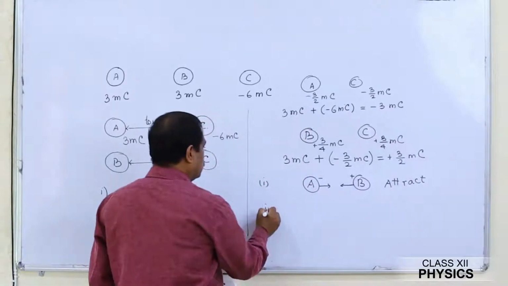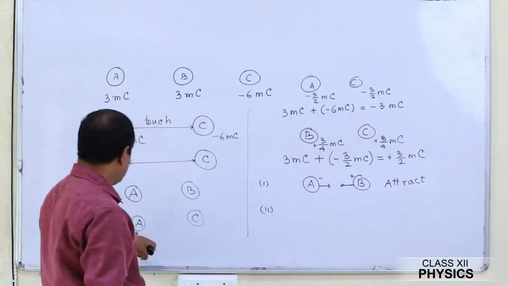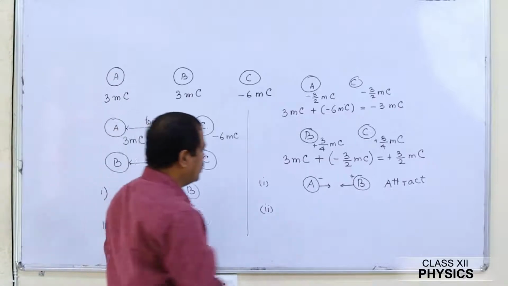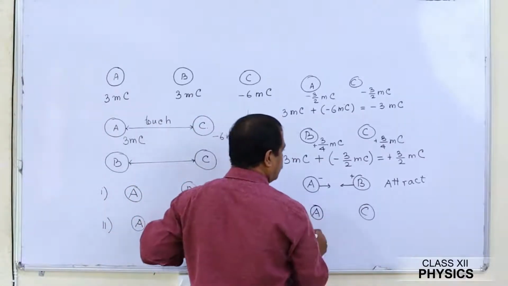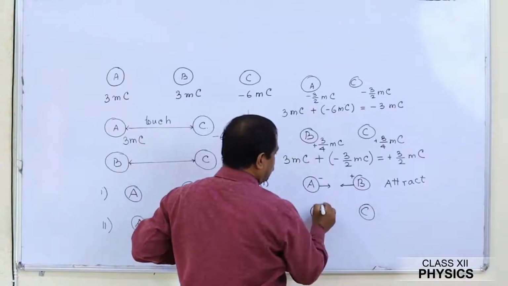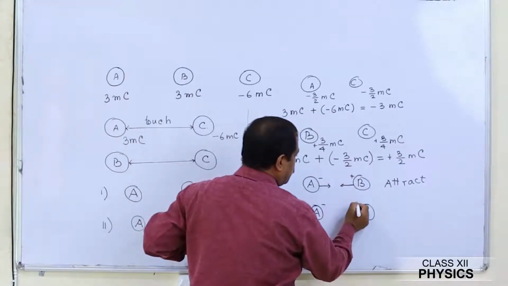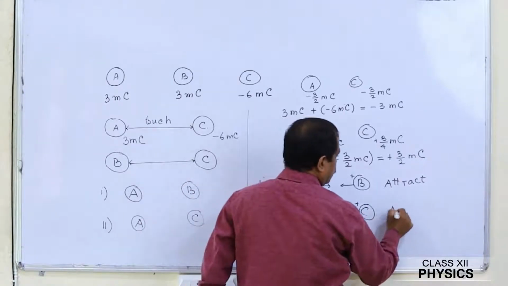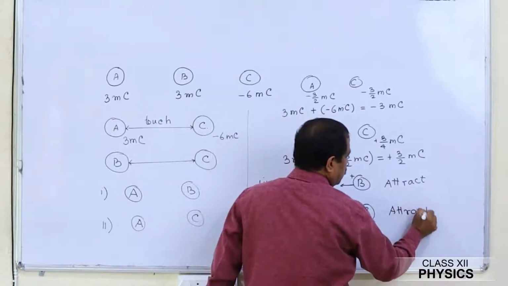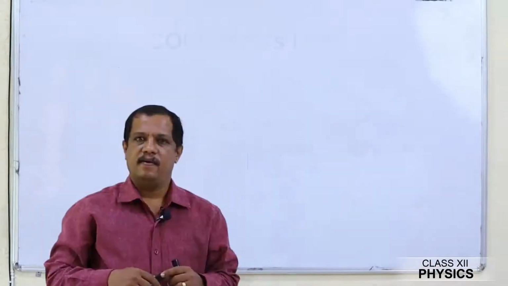And the second answer for this question, when A and C are held together, A already has a negative charge and C already has a positive charge. Here A and C too will attract with one another. This is the solution for this problem.